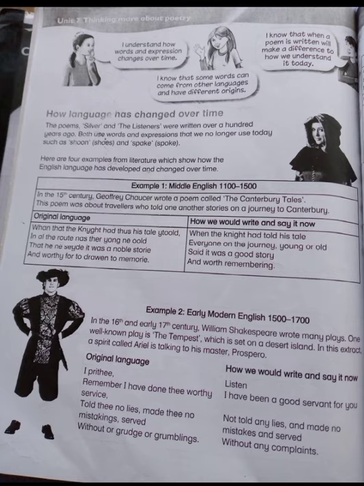The other one is dwelt. Dwelt stands for lived. The other one is cropping. Cropping is cutting or eating. Another one is neath. Neath stands for beneath.